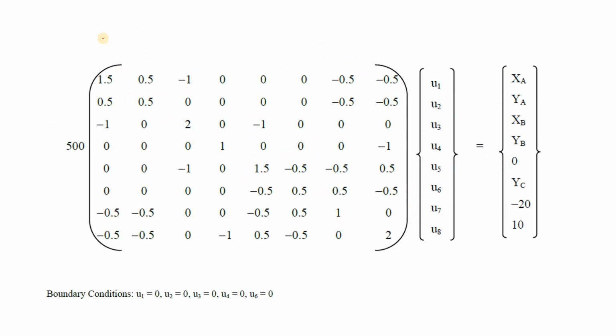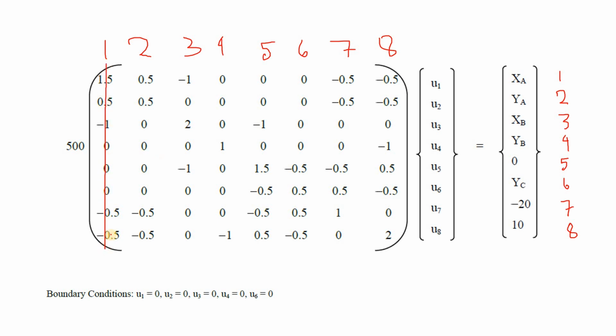So if we come right over here, we have 1, 2, 3, 4, 5, 6, 7, 8. Similarly, we have 1, 2, 3, 4, 5, 6, 7, and 8. We know that 1 is 0 from the boundary conditions, so this is out of the picture.